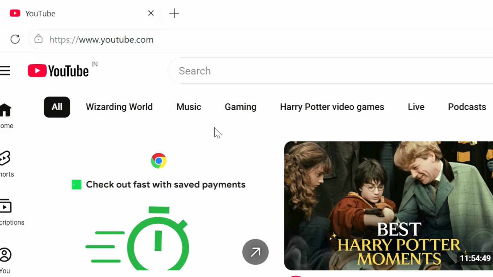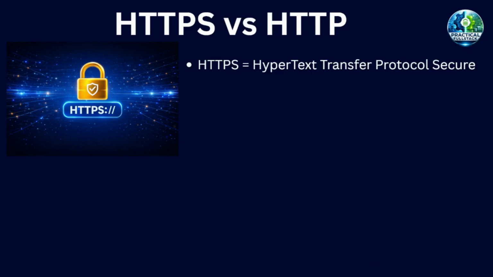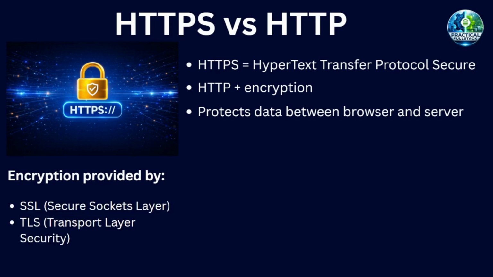You may have noticed a small lock icon in your browser's address bar. This means the website is using HTTPS. HTTPS stands for Hypertext Transfer Protocol Secure. It is simply HTTP with an added layer of security. HTTPS encrypts the data that is being transferred between your browser and the server. This encryption is provided by technologies called SSL and TLS, which are security protocols designed to protect communication over the internet.